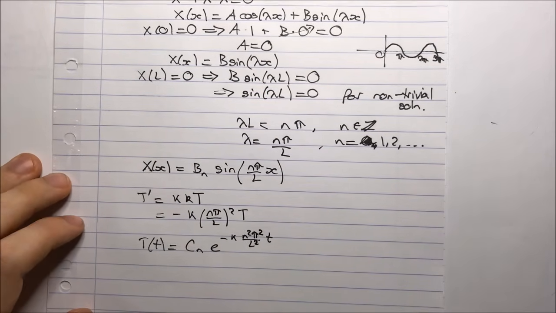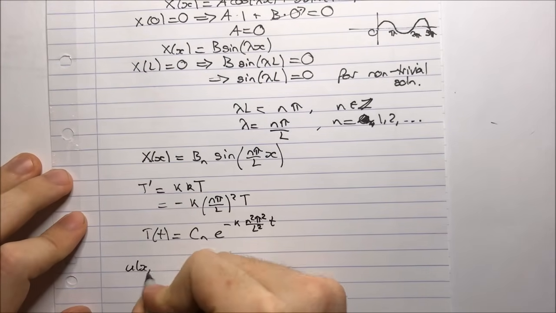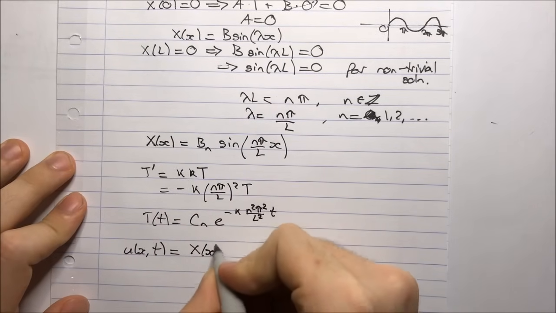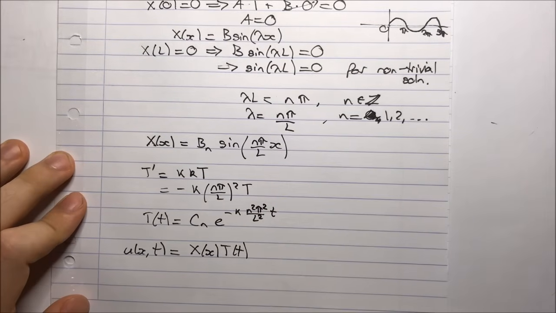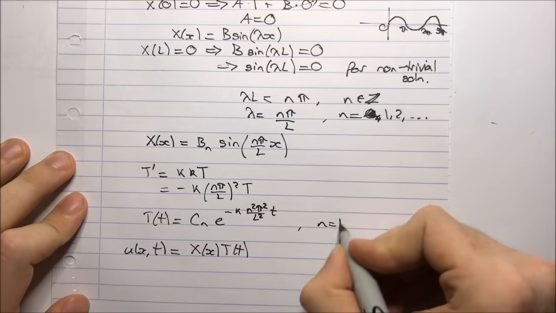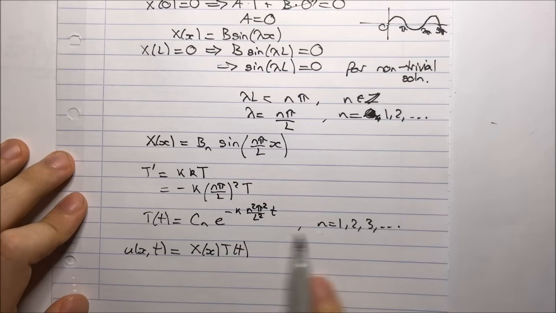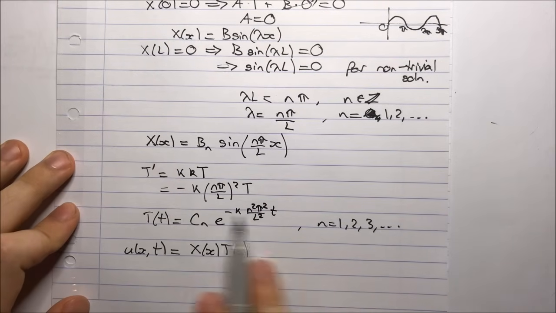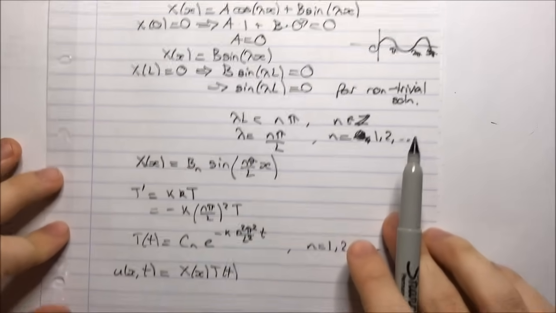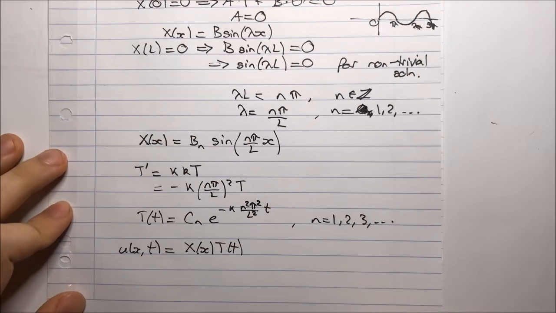Okay, now our solution u(x,t) was equal to X(x) times T(t). Now I have multiple, actually an infinite number of solutions for T(t) and also for X(x), for n = 1, 2, 3, and so on. Now by the superposition principle, I can add all these solutions up.